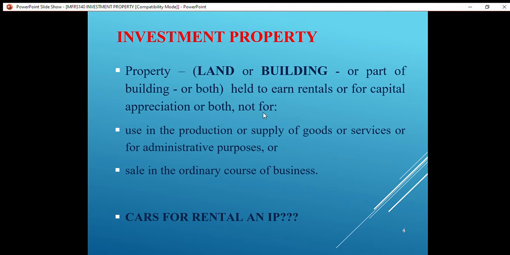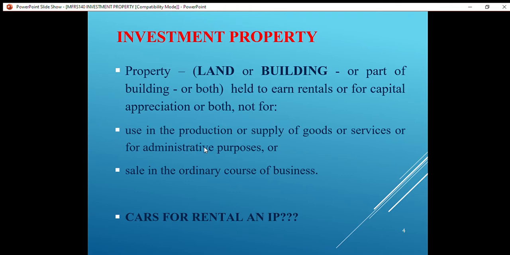The land or building should not be used in the production or supply of goods or services or for administrative purposes. If the land or building is used in the production or supply of goods or services or for administrative use, the property should be classified as PPE instead of investment property.